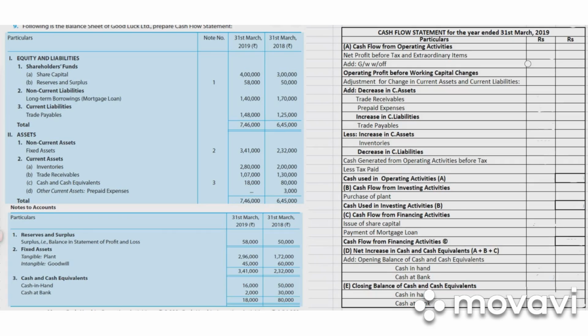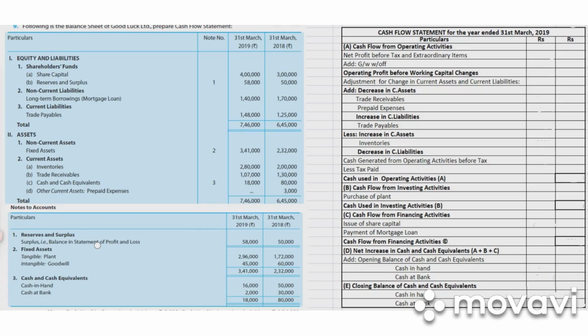The adjustments mean we have to see the adjustments with regards to dividend, general reserve, taxation, etc. But in this question, no such items are given. There is no dividend information given in the balance sheet.